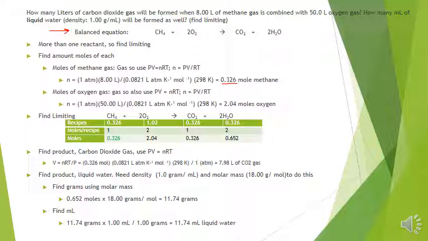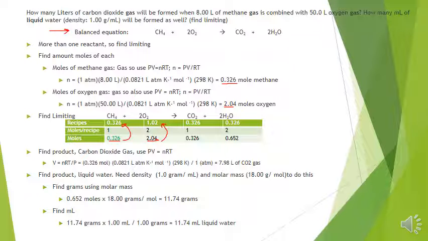The moles of oxygen, again, it's gas, so you can use PV equals nRT. Same arrangement, and you get 2.04 moles of oxygen. Okay, put them in their respective places. Figure out recipes.